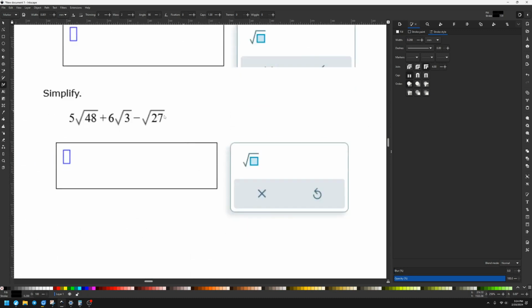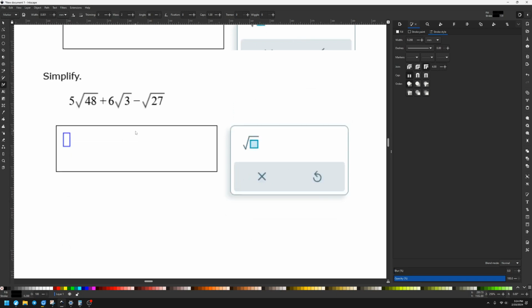Okay, simplify. 5 times the square root of 48 plus 6 times the square root of 3 minus the square root of 27. Let's use the same thing. 5 root 16 times the square root of 3 plus 6 root 3 minus this, the square root of 9 times the square root of 3.